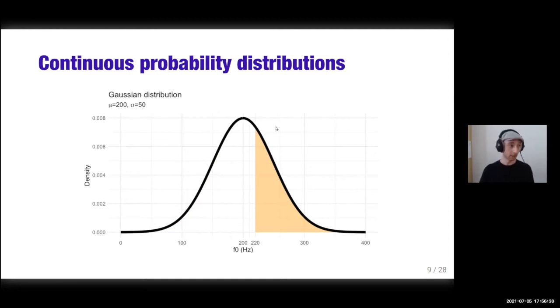If you calculate the area of this shaded orange area, that is about 35% of the total area under the curve, and that corresponds to a 35% probability. So you have a 35% probability of getting any value above 220 hertz. These numbers are just for pedagogical reasons. They might be more or less sensible, but do not worry about that right now.